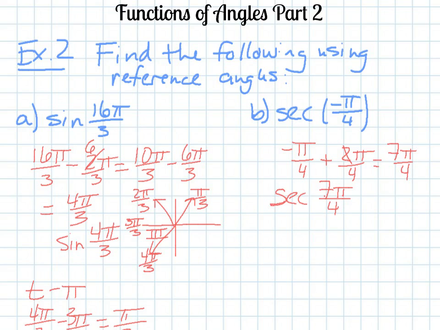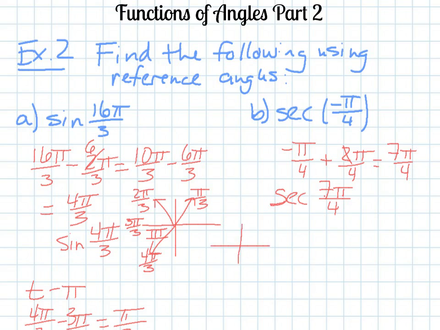Now, here, I don't really quite know what my secants are yet. But I do know what my cosine values are if I have my reference angles. And I guess we did also write down our secants. So if you knew the secants for pi over 4, then kudos to you. So here, I need to find the reference angle of 7 pi over 4.